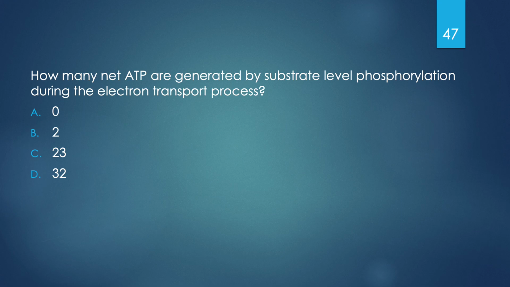So 32 would be the answer that would indicate all of the ATP generated, and 2 is how much is created by the citric acid cycle and also by glycolysis. And 0 is obviously not correct. So the answer is C. 23 net ATP are generated during the electron transport process.